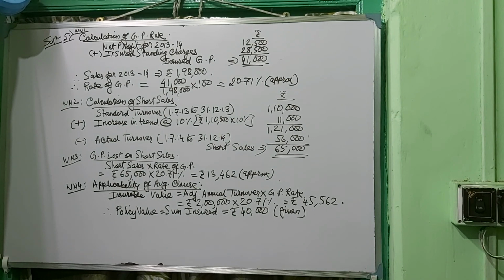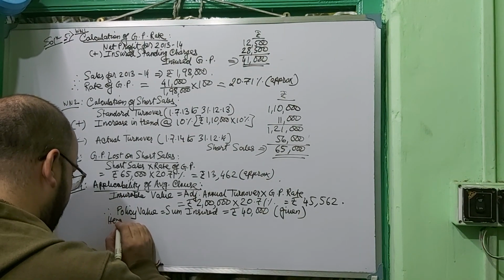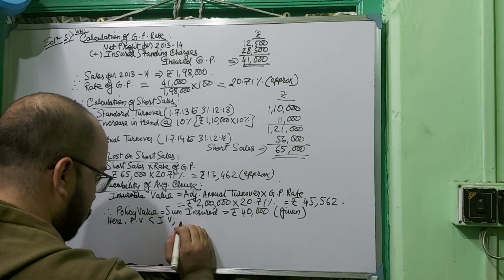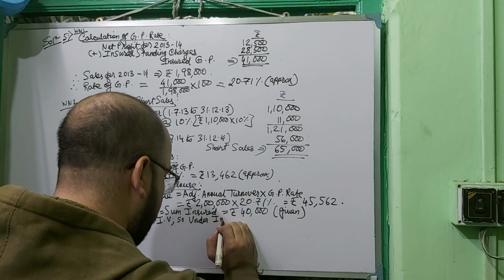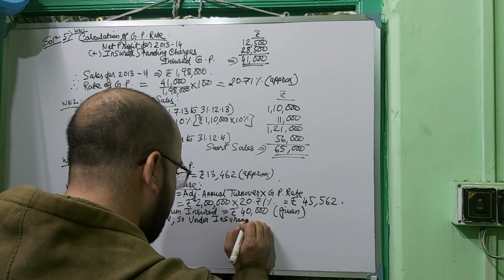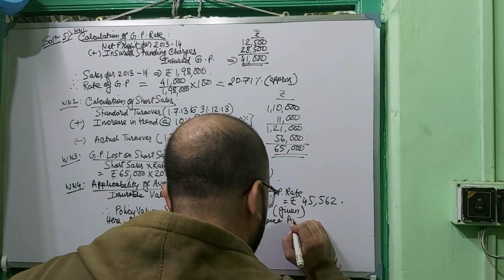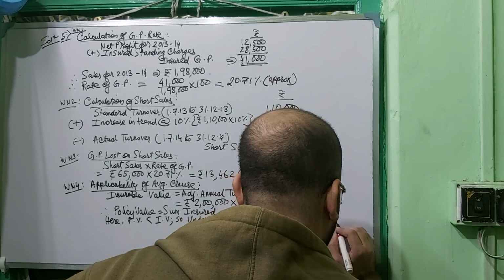Here policy value is lesser than insurable value, so it is under insurance, and hence average clause is applicable.